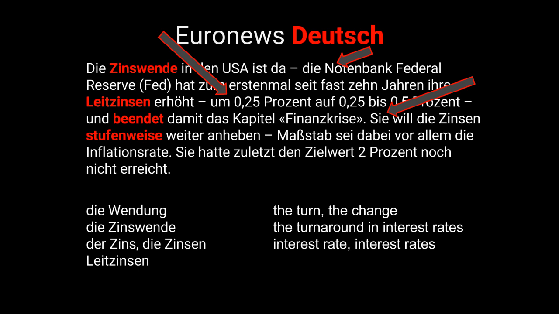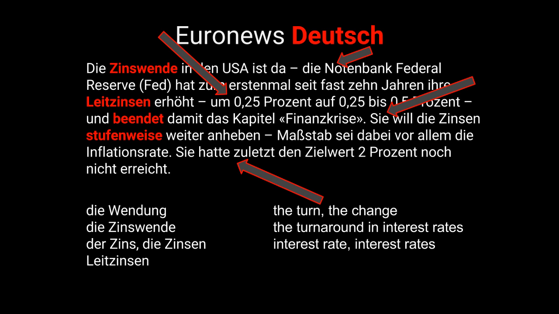Sie hatte zuletzt den Zielwert 2% noch nicht erreicht. So let's start again from here. Sie hatte zuletzt den Zielwert 2% noch nicht erreicht. So, according to the recent evidence, a simple way to put it, lately it hasn't reached the mark of 2%.